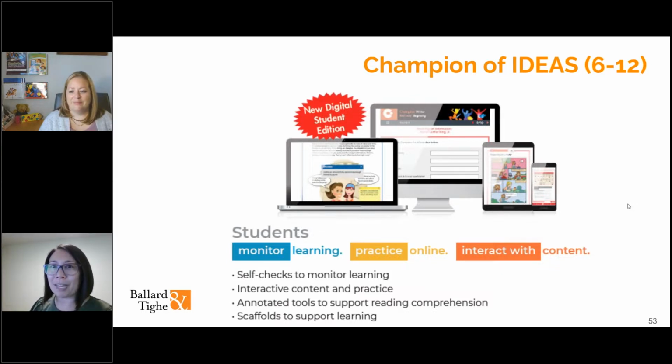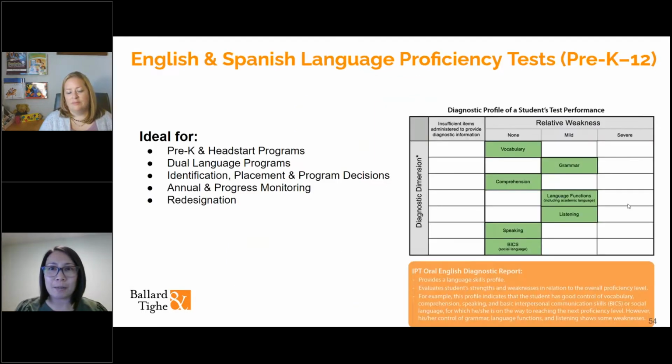So at this point, I'm going to talk really quickly about our IPT program. We have our assessment platform for testing students. Some of you may have your own way of testing, but if you want to use an additional one, or in place of, I know some of you can't do that, the assessment goes from pre-K, so the littles, all the way up to 12th grade.